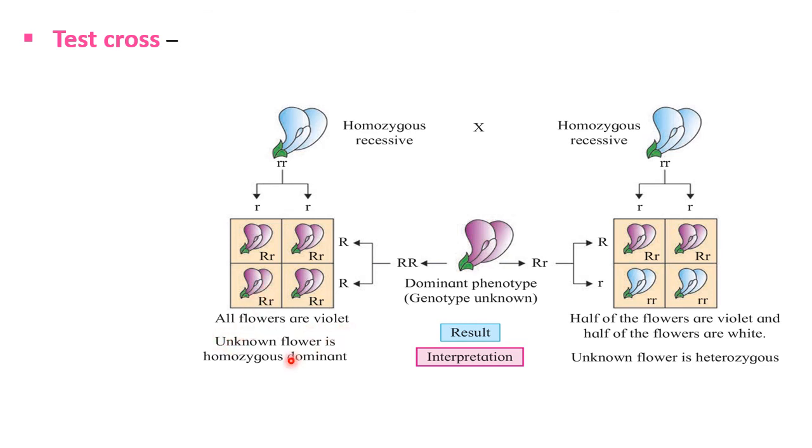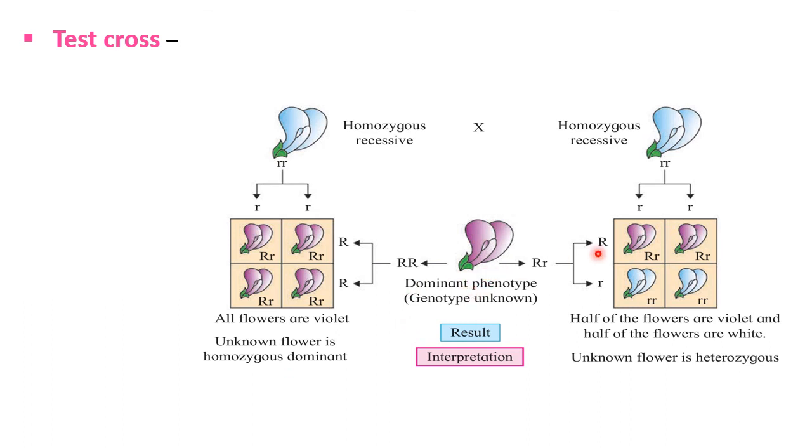Hence, the unknown parent flower is homozygous and dominant, as the violet color appeared in all the flowers produced by the plants. Hence the genotype detected is homozygous dominant producing violet flowers.